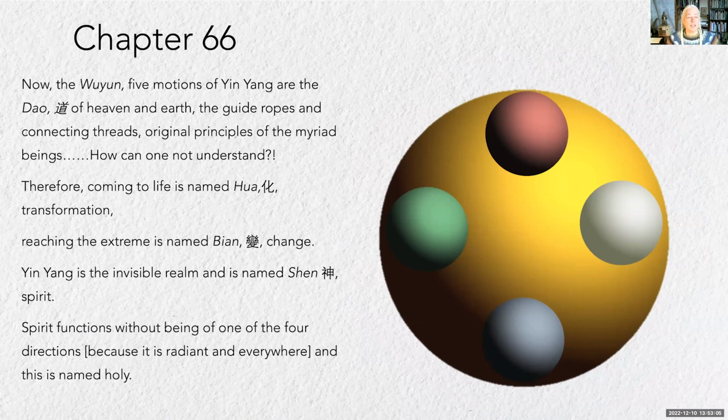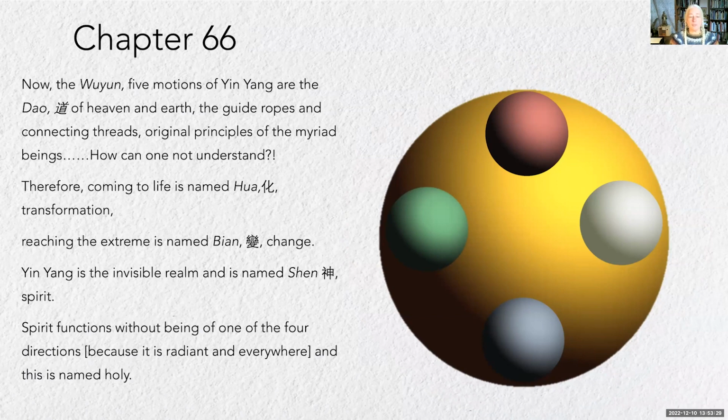How can one not understand? Therefore, coming to life is named Hua, transformation. Reaching the extreme is named Bian, change. Yin Yang is the invisible realm and is named Shen, or spirit.